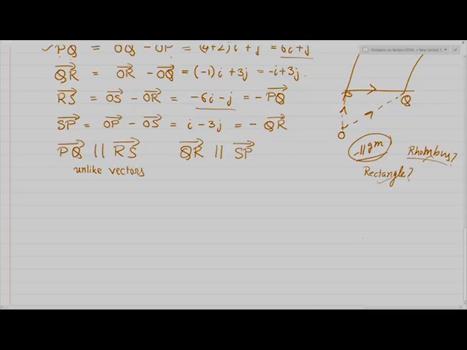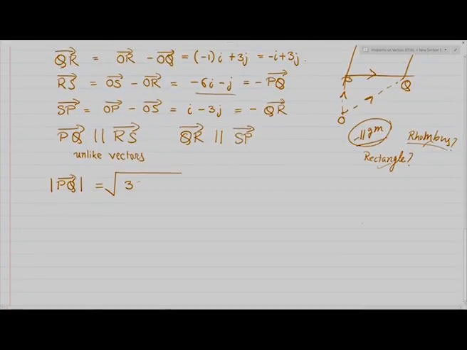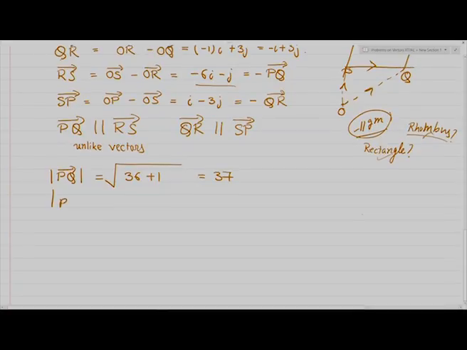So, what we will do is we will first find mod PQ. Okay. So, what is mod PQ? Now, this is nothing but square root of the coordinates 6i plus j, that means 36 plus 1, which is equal to 37, right. Mod PQ is root 37. Now we will just check the opposite one, RS bar, which is again the same with only a negative sign.